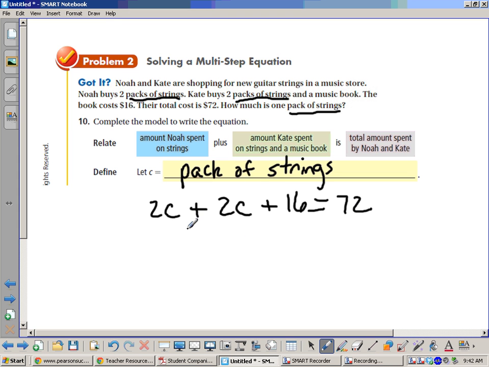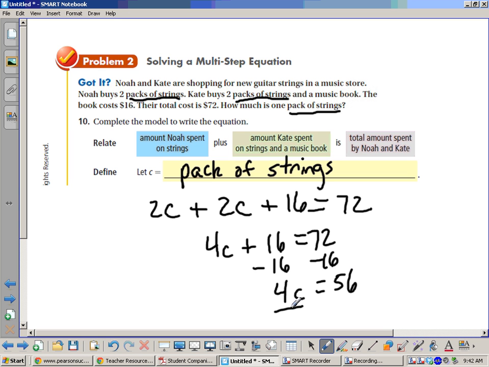So we can combine these two to get 4C plus 16 equals 72. Now we're just solving for the variable C. So 72 minus 16 is going to be 56. We divide by 4, and we get C equals 14.